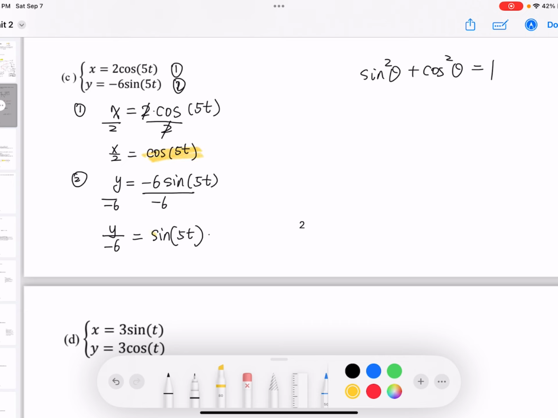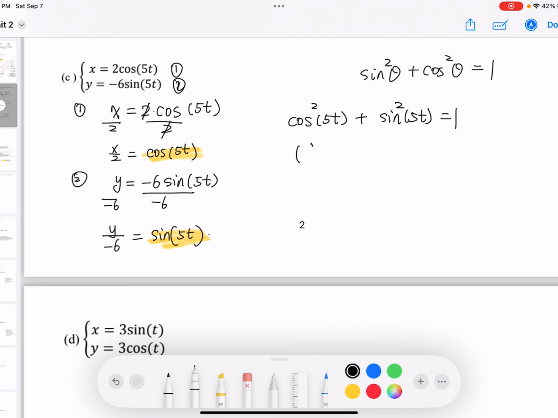So cosine squared plus sine squared is equal to 1. We can list this equation: cosine 5t squared plus sine 5t squared is equal to 1. Then I can plug in the x and y values.